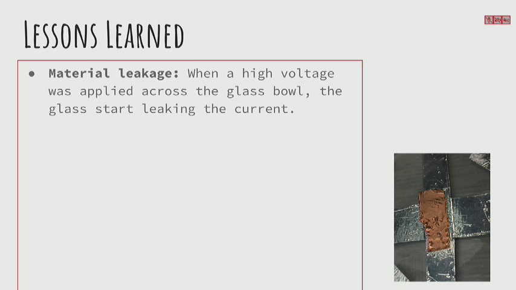We were very confused and frustrated why it's not working, because everything seemed okay. But then we realized that the voltage we were providing through the Wimshurst machine, the voltage generator, is quite huge, approximately 50,000 volts. At high voltage, the glass becomes a conductor and it leaks the current.